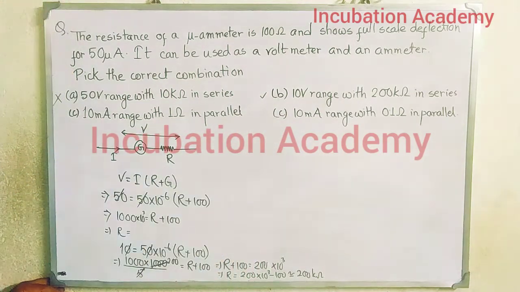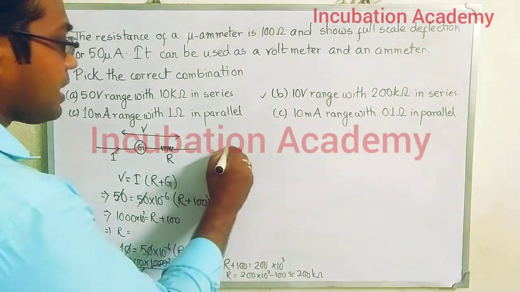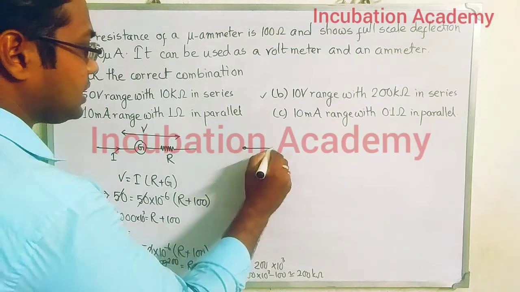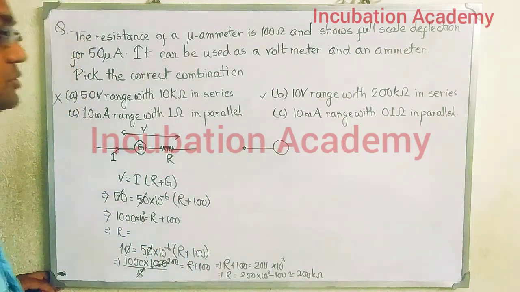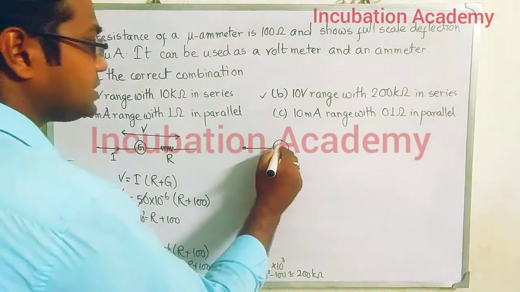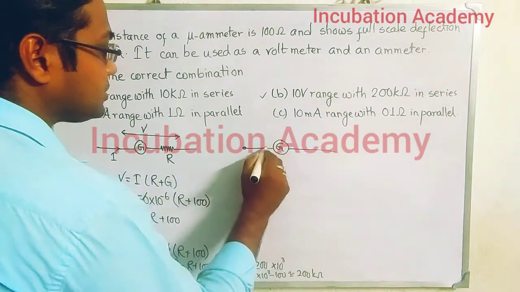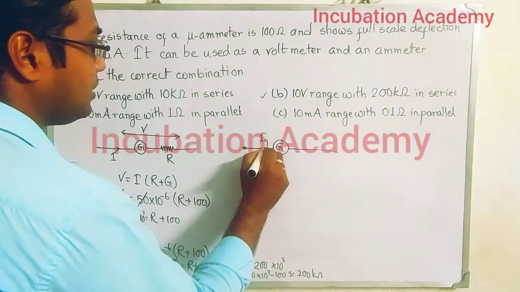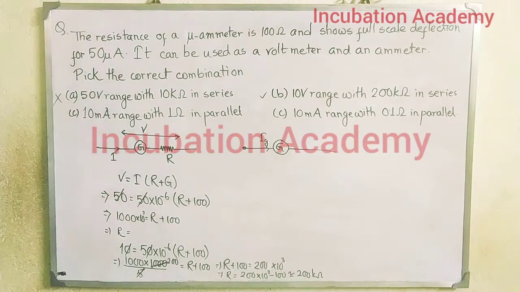Let us check the other options. 10 milliampere range with 1 ohm in parallel. To convert this into an ammeter, I take the moving coil instrument with resistance G, and the current Ig that gives full scale deflection is 50 microampere.